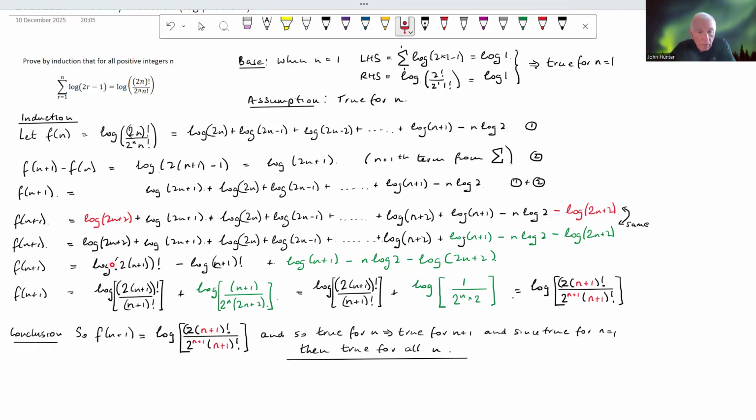Okay, so I'm going to write this as the log of, well, this is 2 into n plus 1 here, isn't it? And we've got all the following terms. So it is a factorial, isn't it, of that?